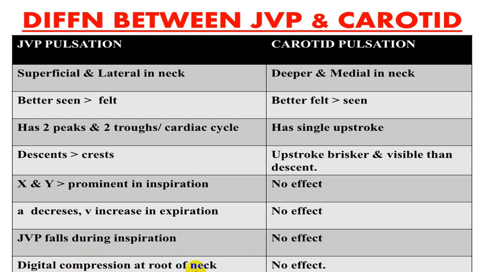Digital compression at the root of the neck can abolish the jugular venous pulse, but digital pressure will have no effect on carotid pulsation, because by digital compression you are occluding the vein, which cannot occlude the carotid pulse. The carotid pulse cannot be occluded by minimal pressure; you will require more pressure to occlude it.